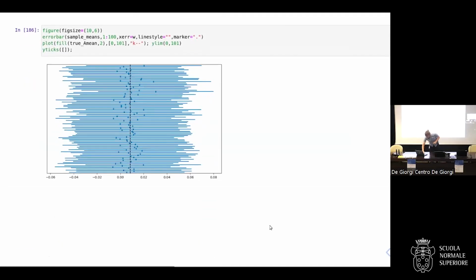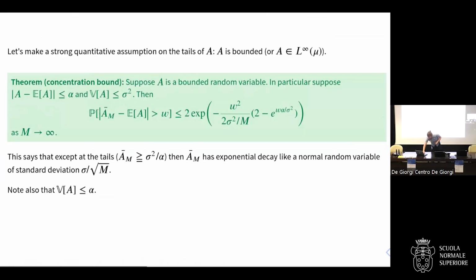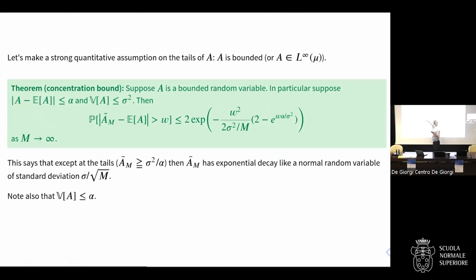But we can rethink this a bit, because what we have in the theorem is that these sample means are close to the true mean within some given bound up to some tolerance. We can also say that, with very high probability, the expectation is close to the sample mean within some bound.